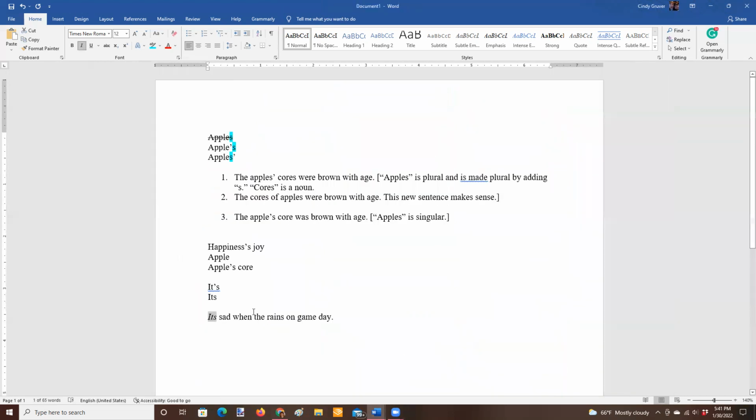So let's go back here. We're going to rewrite the sentence: it rains on game day. Okay, so I'm going to remove the S, and I'm going to write the word is.